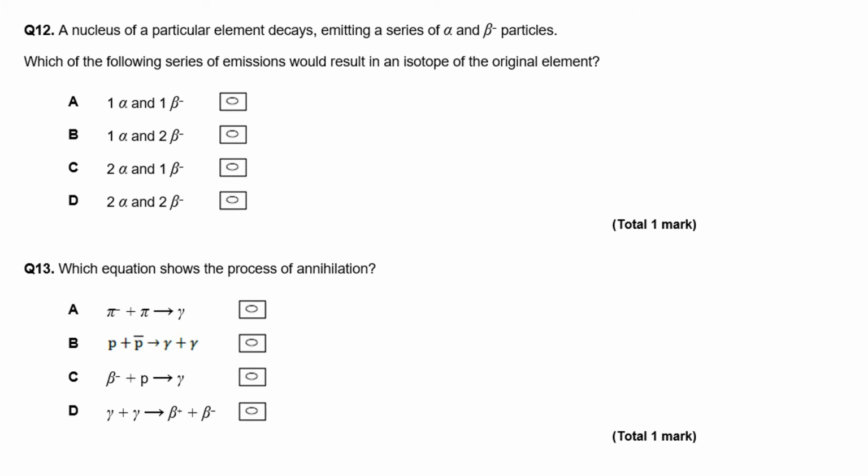Okay, so some particle physics. A nucleus of a particular element decays, emitting a series of alpha and beta minus particles. Which of the following series of emissions would result in an isotope of the original element? So the first piece of information you need is that an isotope has the same proton number. So we need the decays to happen such that the proton number is the same.